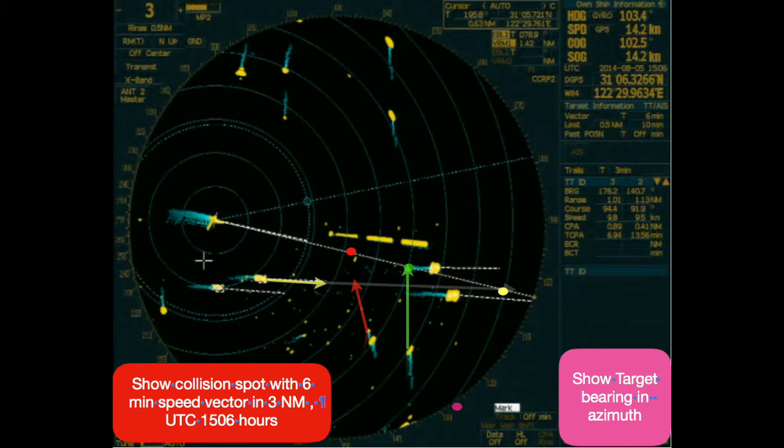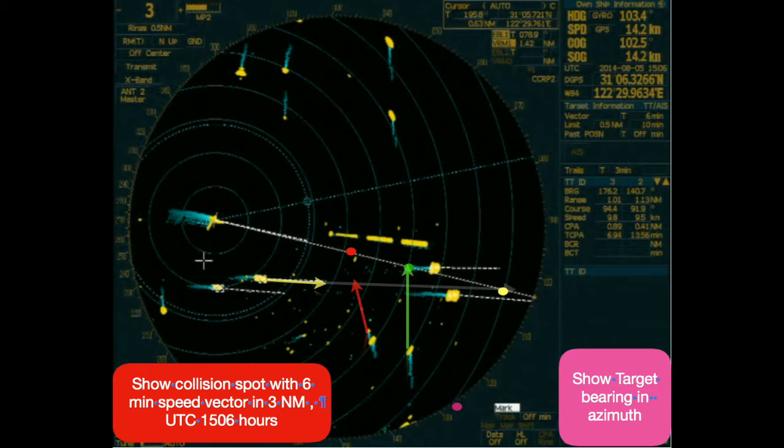Okay, let's explain why these two targets' speed vectors, one is in red, a dangerous color, another in green, a safe color. Because the red spot, which was the collision point with the tugboat, is about 9 minutes run for our ship, and it's about the same time for the tug vessel to arrive at this collision spot.